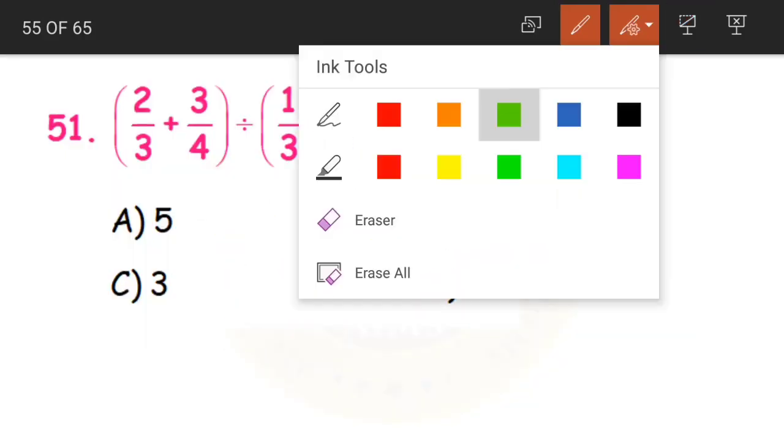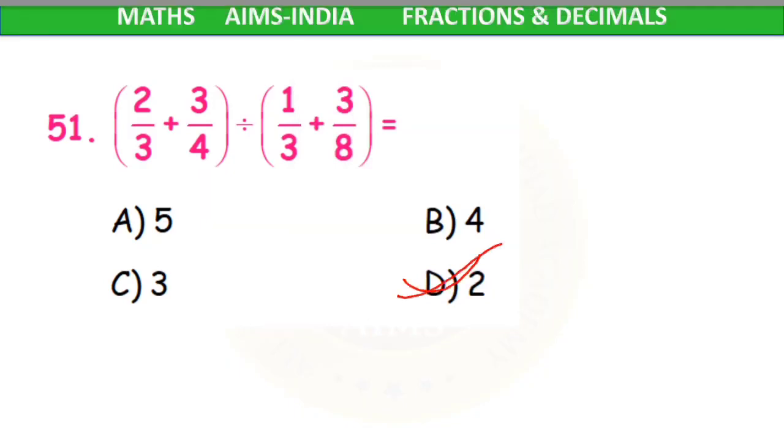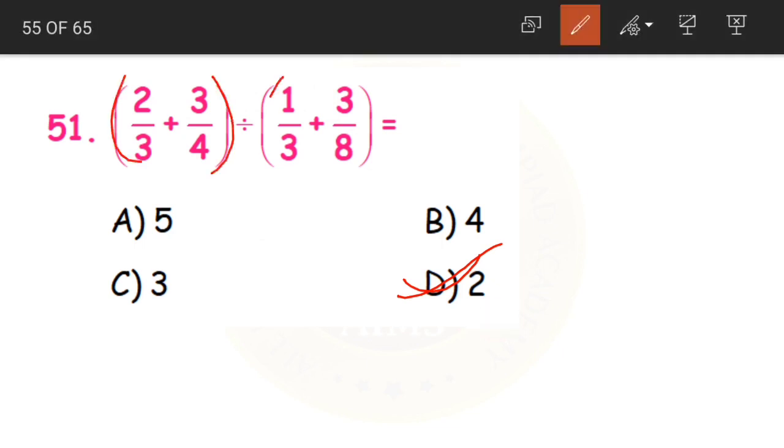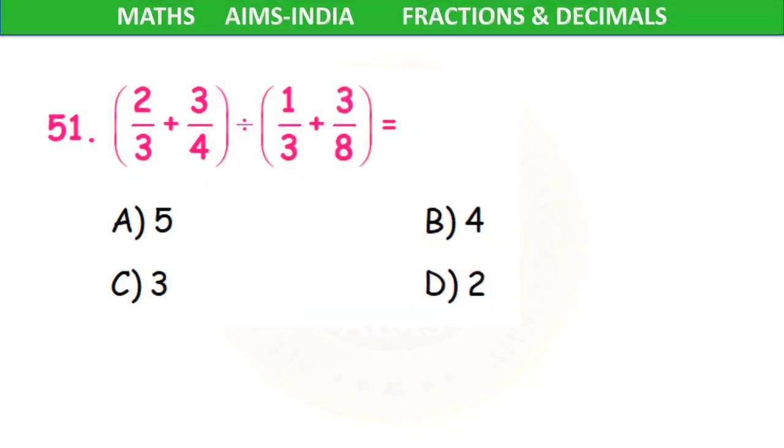Option D. Such a big problem, but the answer is a very small number, that is 2. Understood, children? Whenever such brackets are given, make sure that you do that part first and then do whatever is outside the brackets.